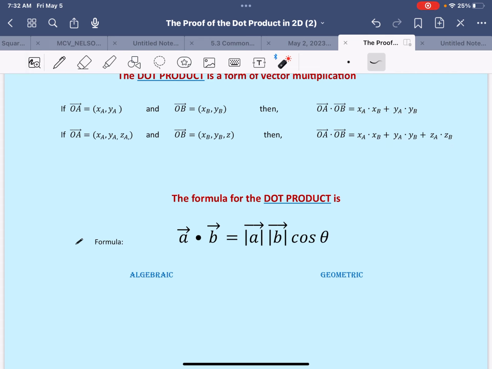But there is another way we can multiply two vectors, and because there are two different ways, to distinguish them from one another, we use different symbols in multiplication. So when you think about it, there are two ways we write multiplication, either with a dot or with a cross. So for example, we can say 2 times 3 or 2 times 3 this way.